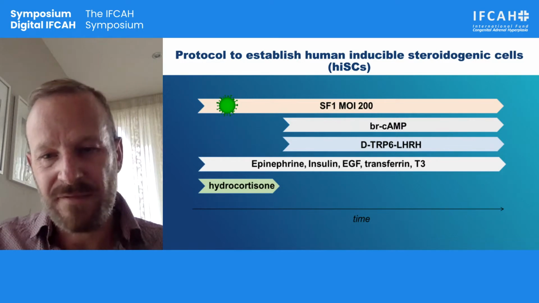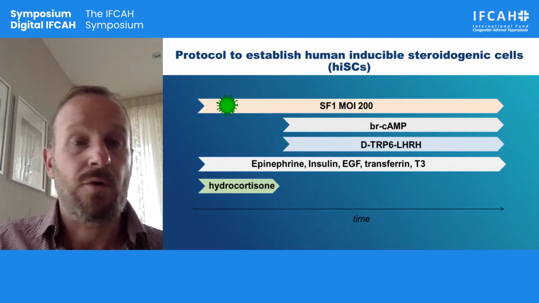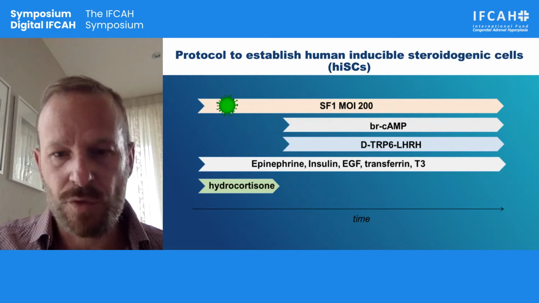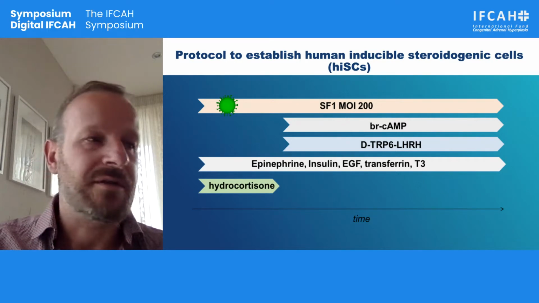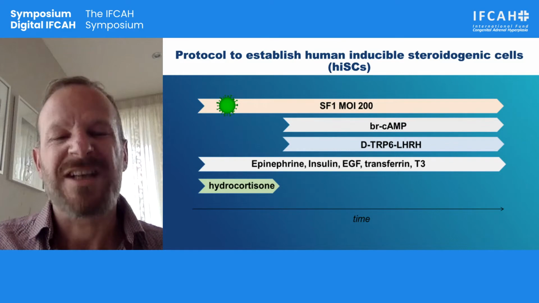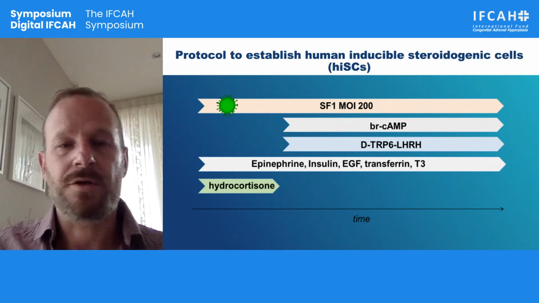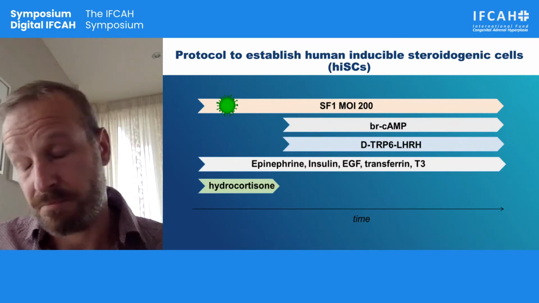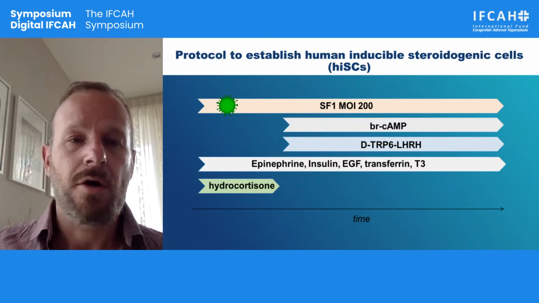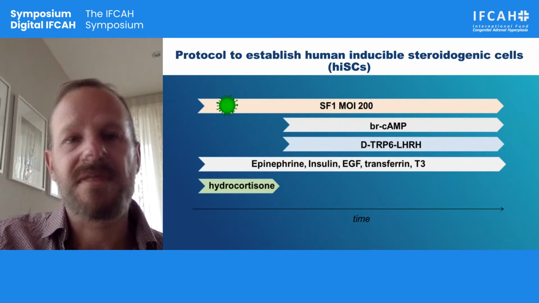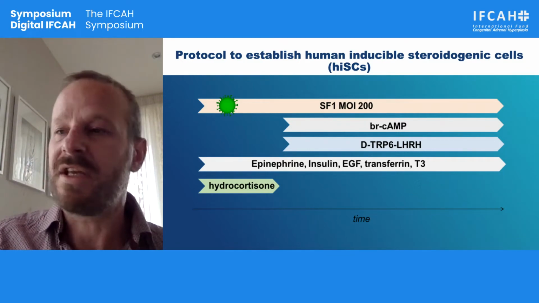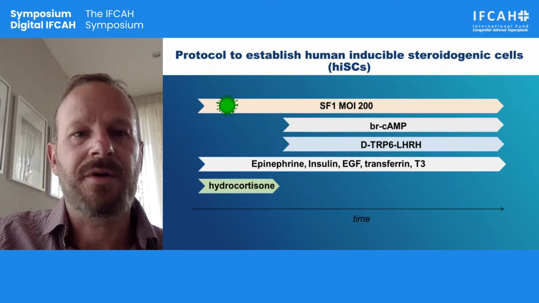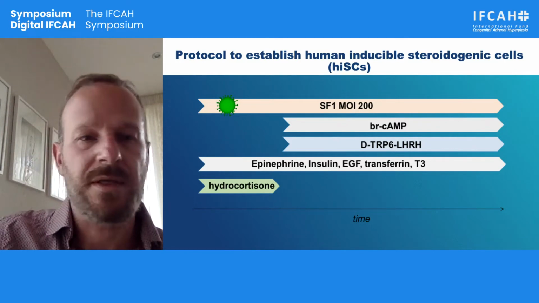So we use a lentivirus to deliver quite a high amount of a gene encoding steroidogenic factor 1, which is a very key transcription factor involved in adrenogonadal development and adrenal function throughout life, in the presence of high levels of cyclic AMP, which is particularly important for the functioning of glucocorticoid-secreting cells, and in order to increase steroidogenic fitness and cell viability. We also use LHRH and these other components that you can see here at the bottom.